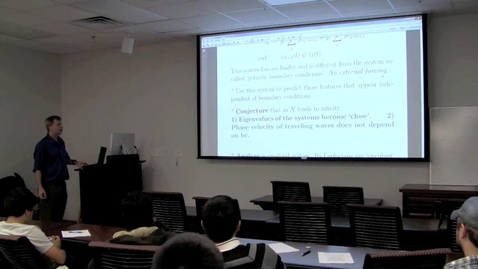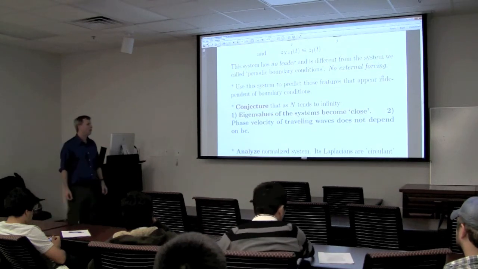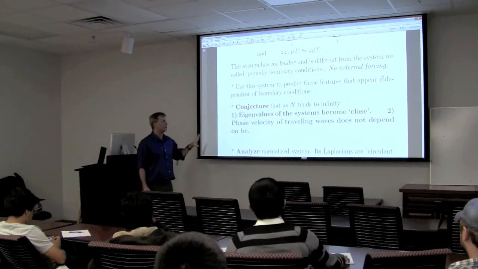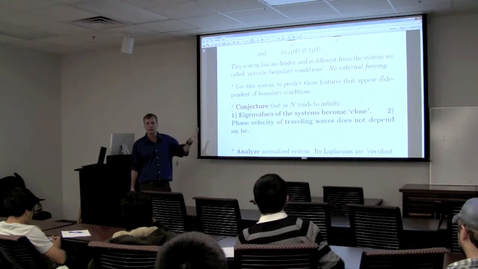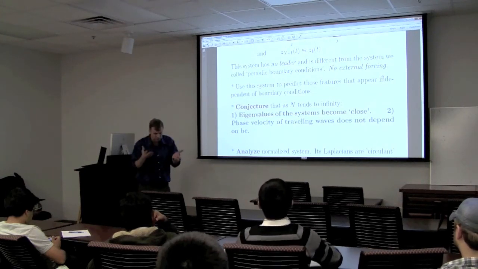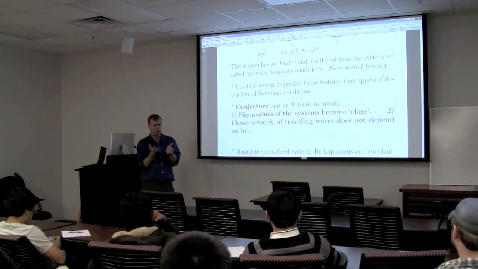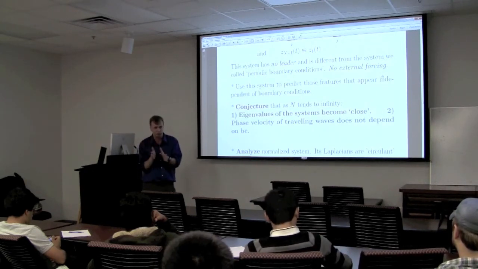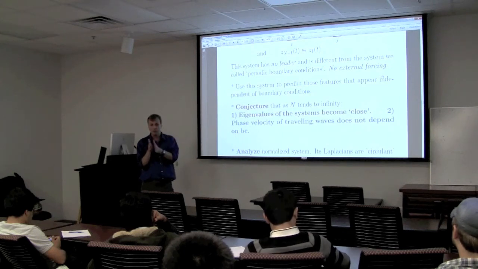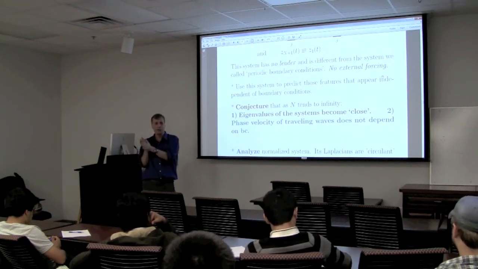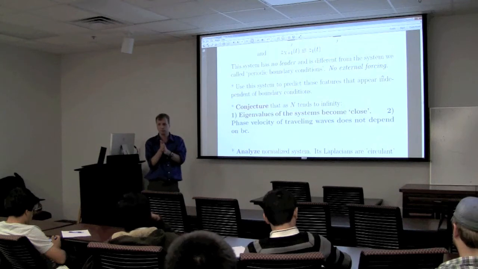And so here are the conjectures. One, essentially my conjecture is that the velocity of traveling waves, obviously we thought about this a little bit. If you think about this, the conclusion you come to is that the following should be true. The velocity of traveling waves does not depend on the boundary condition.